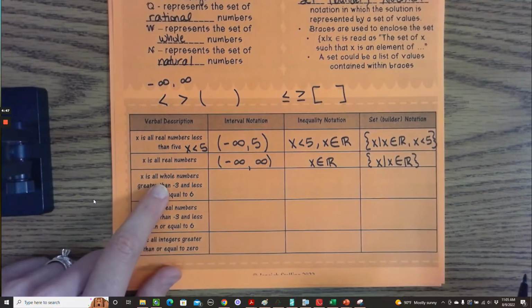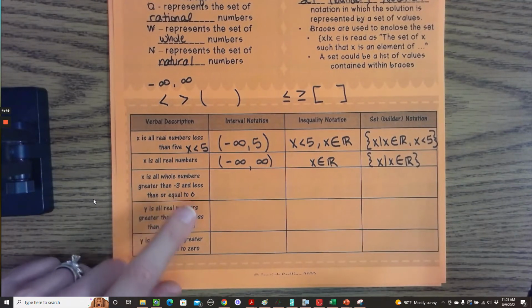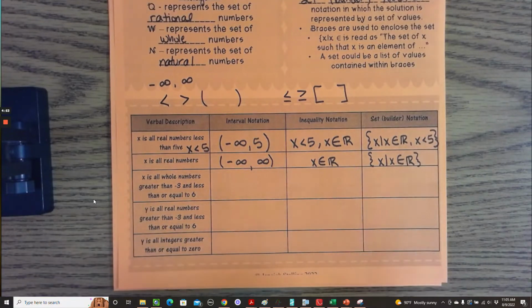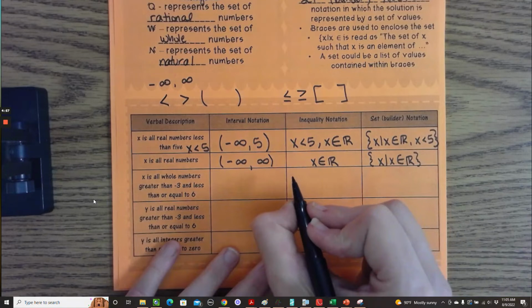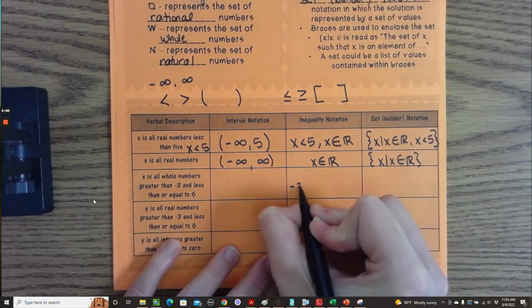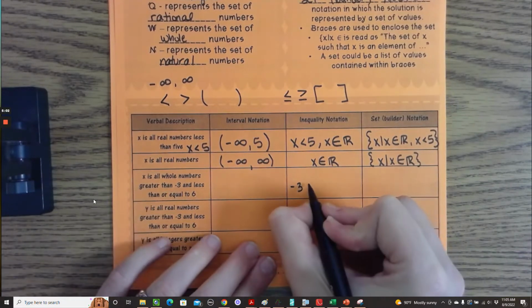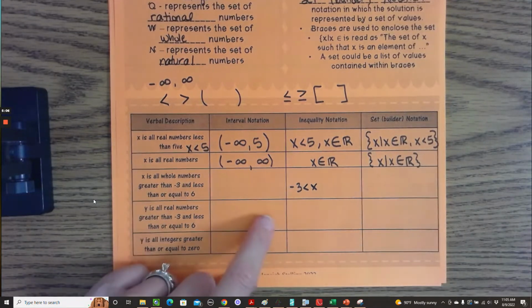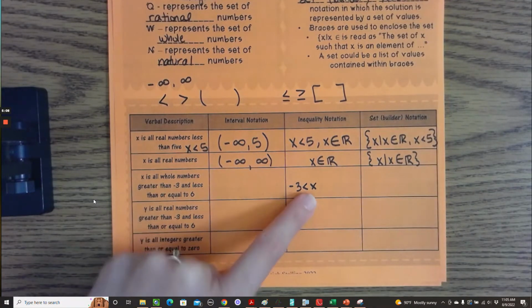All right, x is all whole numbers greater than -3 and less than or equal to 6. This one we write a little bit differently. I'm going to go ahead and write the inequality first. We're going to start at -3, and x is greater than this. That's how I would write x is greater than -3, which actually says -3 is less than x.